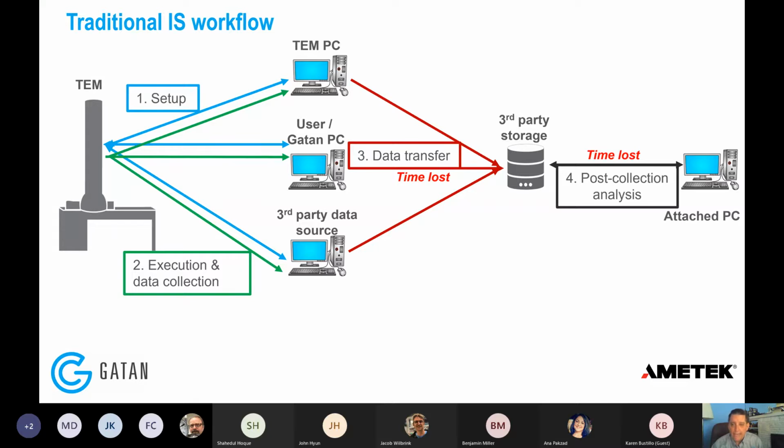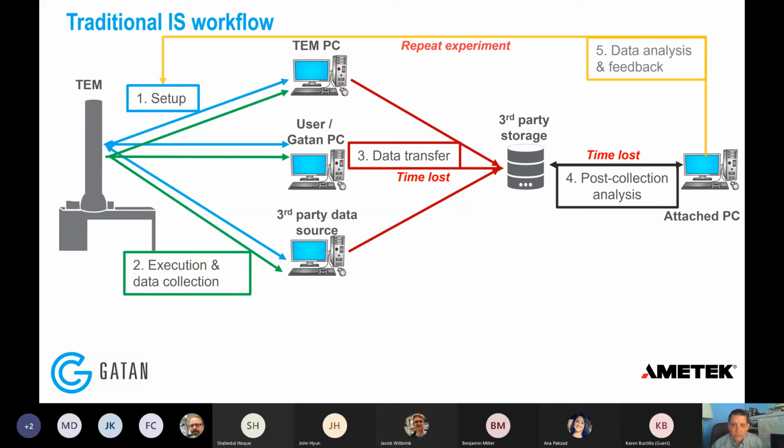Then you can take advantage. You don't have to necessarily use the TEM Gatan PC for analysis. You can attach a post-collection PC to do the analysis, but then that also takes some time, right? You have to reconcile the data. You got to line up the disparate data types on the time axis and try to figure out what it all means. And then you come to some conclusion.